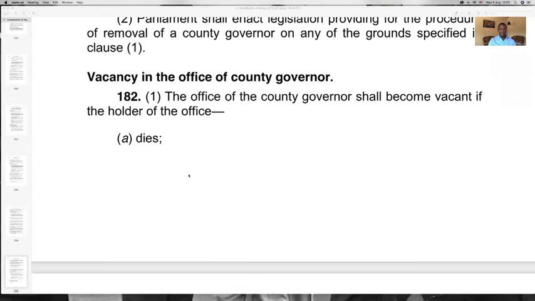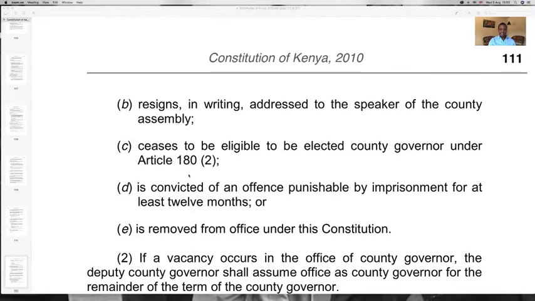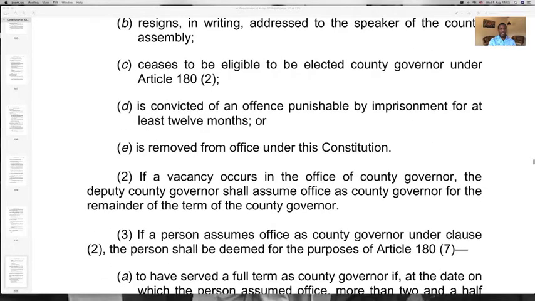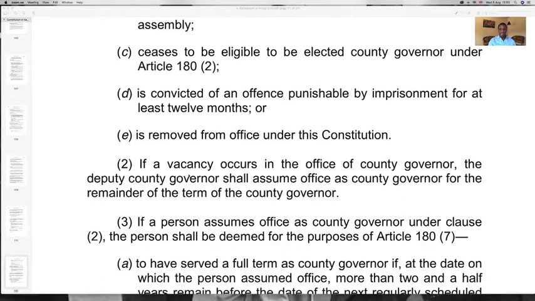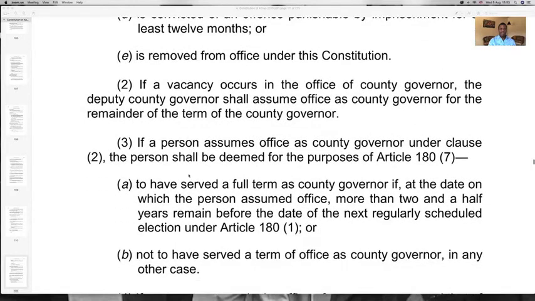Vacancy in the office of a county governor. The office of the county governor shall become vacant if the holder dies, or if the holder resigns in writing addressed to the Speaker of the County Assembly, or if he ceases to be eligible to be elected county governor, or is convicted of an offense punishable by imprisonment of at least 12 months, or is removed from office under this constitution.